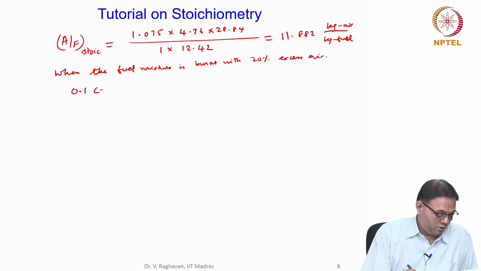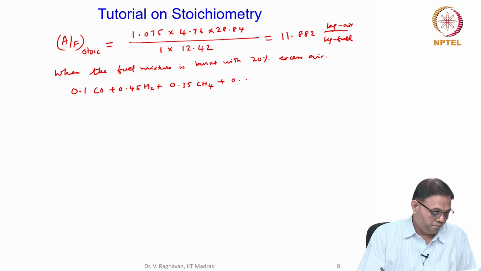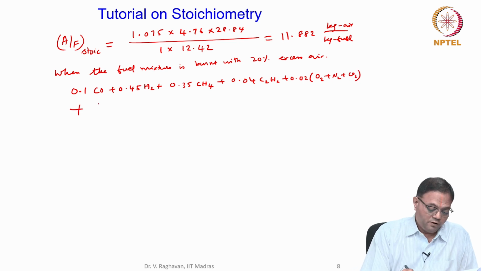So 0.1 CO plus 0.45 H2 plus 0.35 CH4 plus 0.04 C2H2 plus 0.02 into O2 plus N2 plus CO2, giving, plus air.